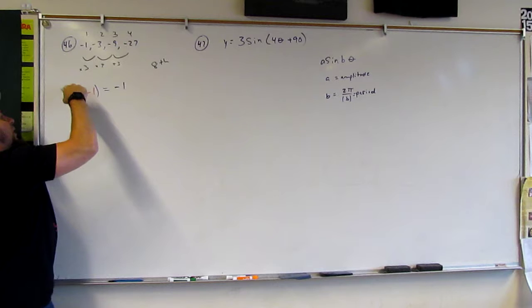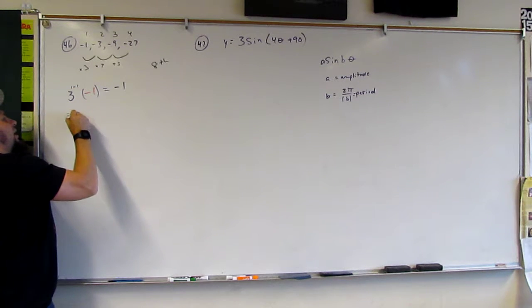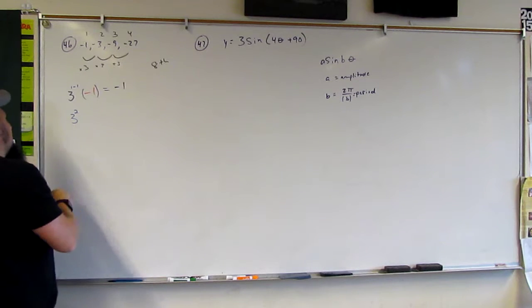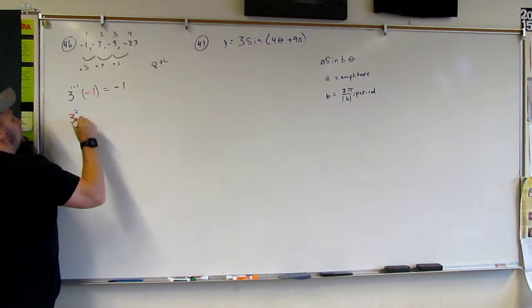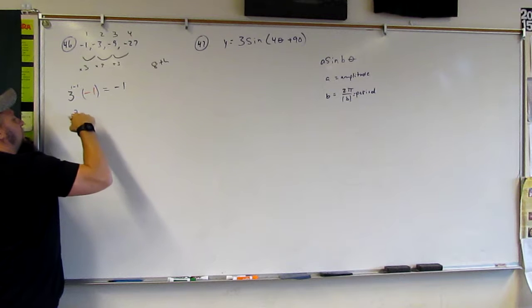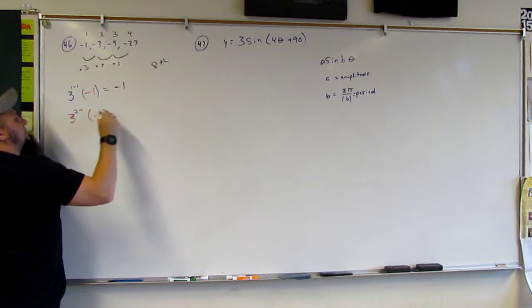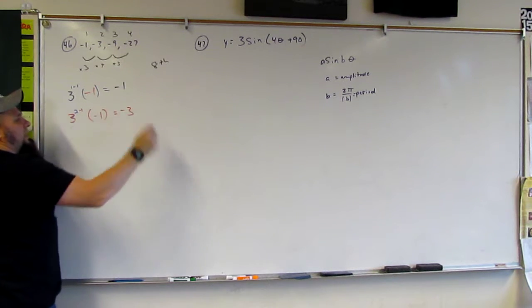So what about if instead of 1, now I plug in a 2? Right? So let's show this. A 2 is plugged in, and then -1 times -1. Will that still work to give me -3?